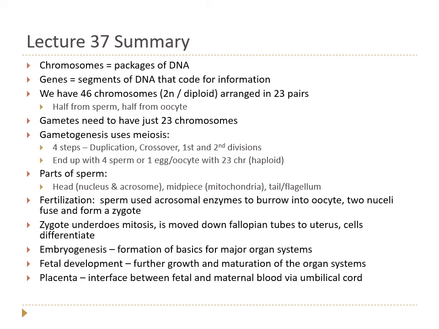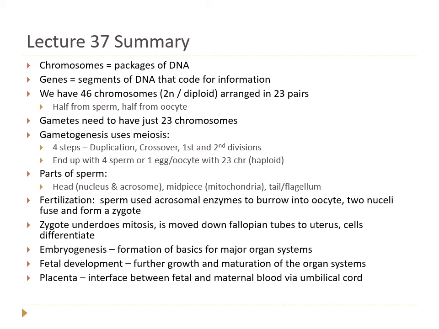Gametes, however, need to have half as many, 23 chromosomes or haploid, so we're going to use meiosis to produce them. The 4 steps I want you to know for meiosis are duplication, where you make an exact copy of everything, crossover, where they exchange a few genes with each other to mix things up, and then the first and second divisions, which allow us to have at the end 4 cells in the case of sperm, each with half, or in the case of the oocyte, only 1 oocyte and 2 polar bodies that then degenerate.